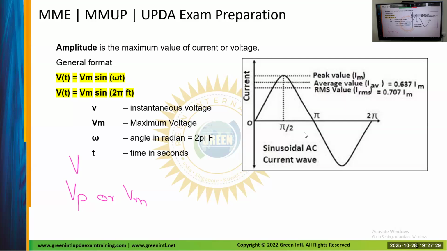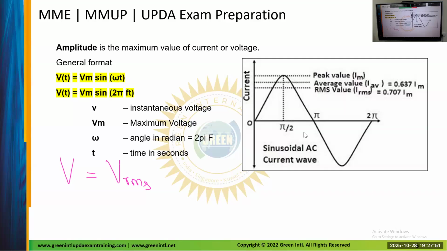These are some terminologies. Similarly, in the AC supply, we use four different terminologies. One, everyone knows, the word V, or we may say VRMS.